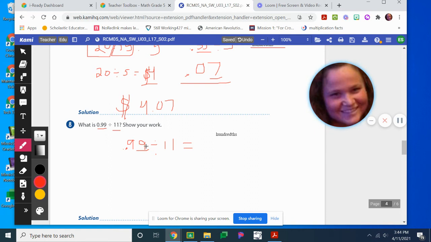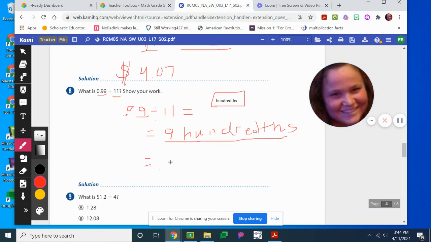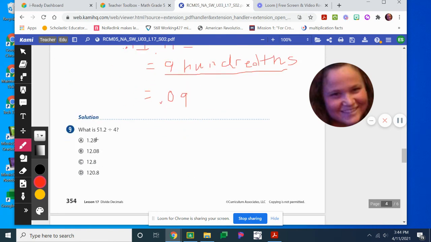My answer is 9. So 99 divided by 11 equals 9. However, I need to make sure that I'm using my place value. It equals 9 hundredths. Ooh, that's awful. So if I'm writing 9 hundredths, I write it as 0.09. Here's my answer.